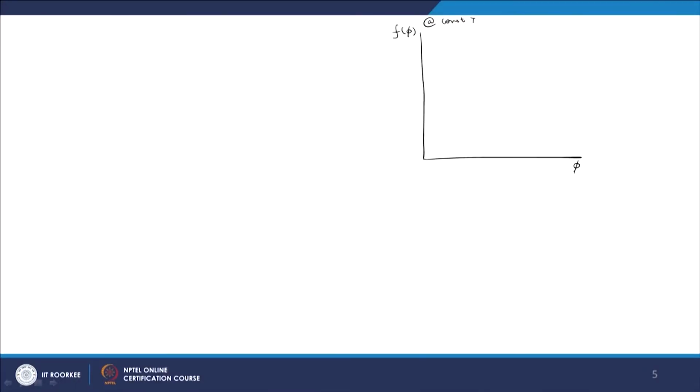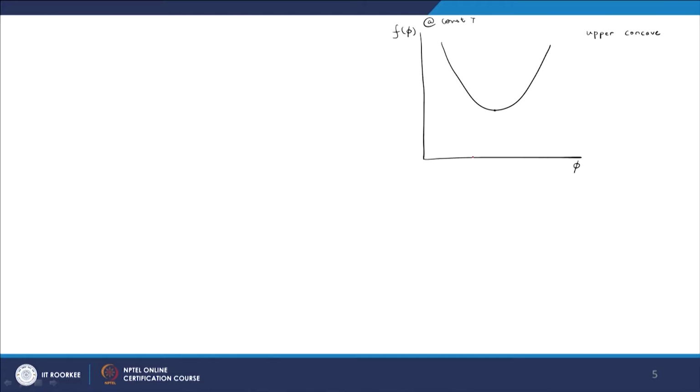If I plot f of phi versus phi, and if the graph is say an upward concave, that is, it has a minimum like this, I claim that the system will have a tendency to mix together. And why is that? Let us say we mix two concentrations phi 1 and phi 2 on the graph.